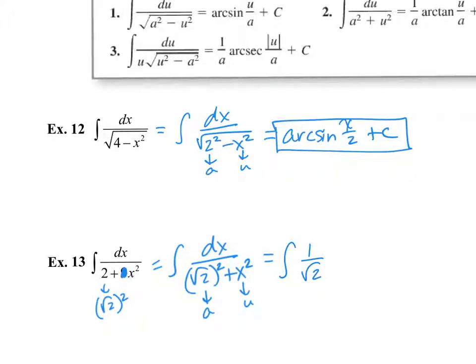Why do I have the integral? I'm taking the integral, so let me erase that. Sorry about that. So our final answer is 1 over the square root of 2 times arctangent or tangent inverse of u over a, and we're going to replace u with x, and a is the square root of 2, and then don't forget your plus c.